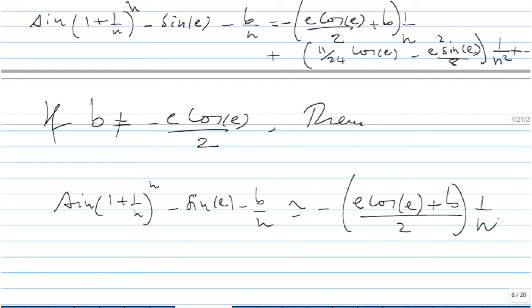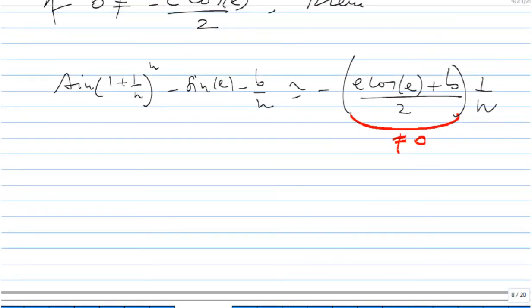So keep in mind that when n is large, this term is not equal to 0, so either it's going to be positive or negative, and we can use the limit test. Since 1 over n, the series 1 over n by the p-test is divergent, we conclude that, so here is a combination of p-test and limit test.